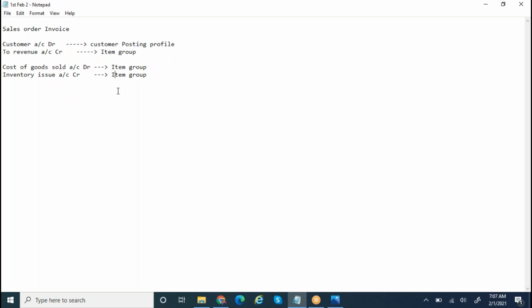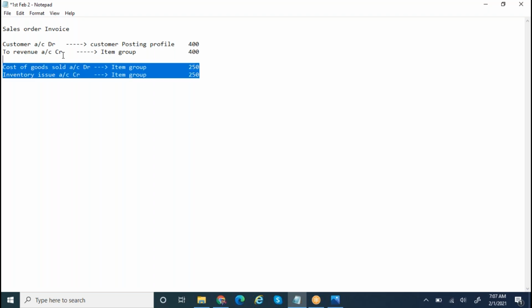No, it is mandatory. I have given an example: a keyboard I'm selling at the rate of 400 rupees. Then my revenue is 400. But actually 250 rupees worth of material is going out from my inventory. My inventory is decreasing by 250 rupees worth of material. The cost of the material is 250.